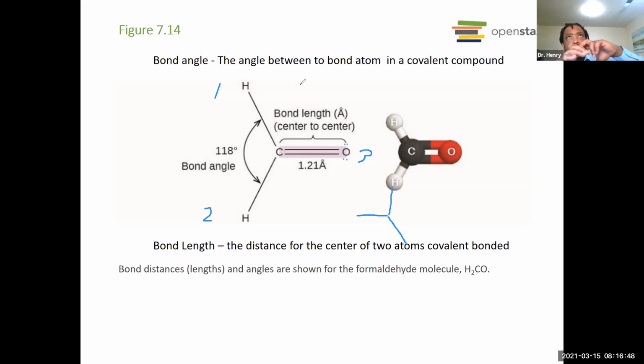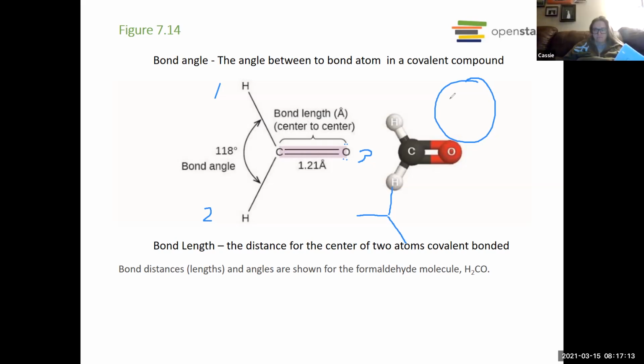Do you guys know the angle of a circle? We use this term quite a bit, 360, because it's completion, right? It's completing that circle. Anybody know the angle that's associated with a circle? Negative.